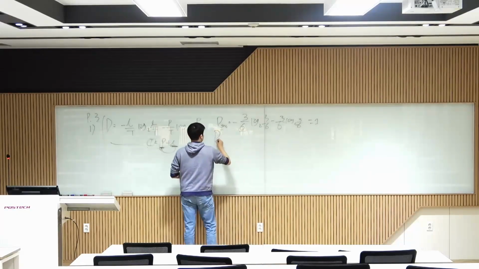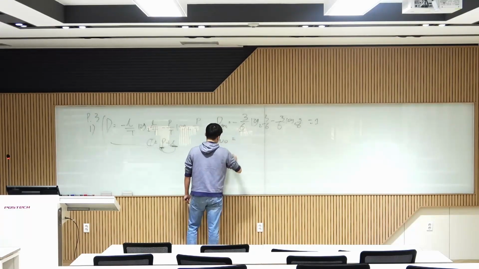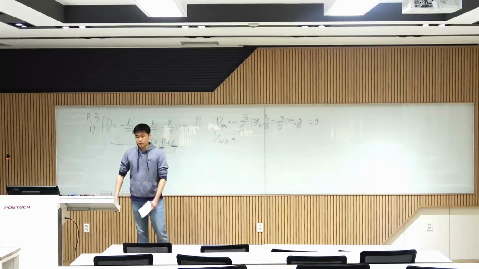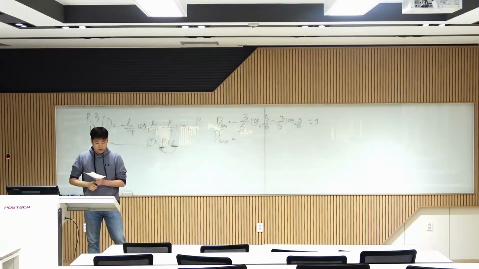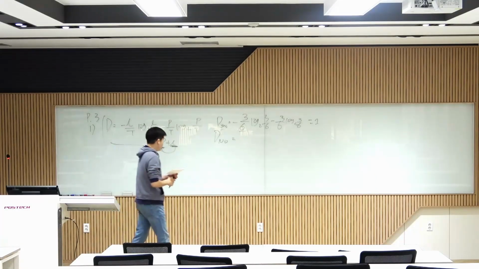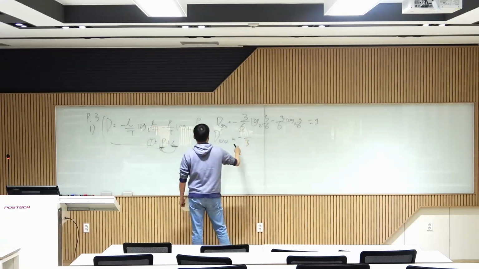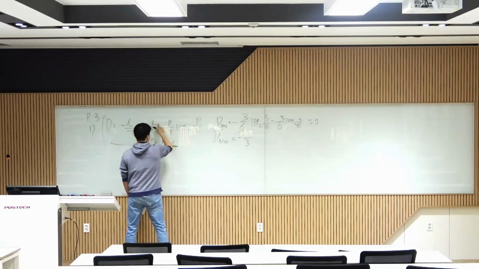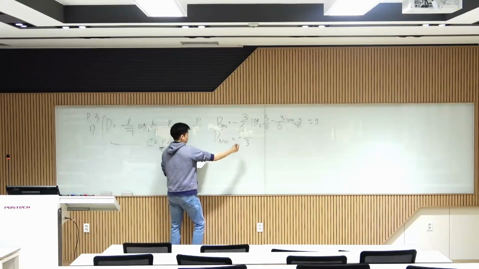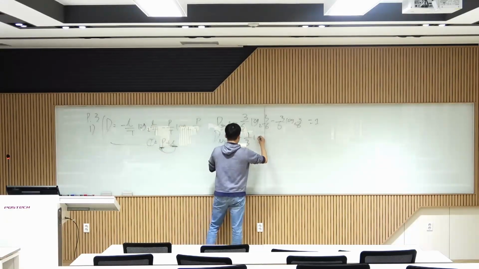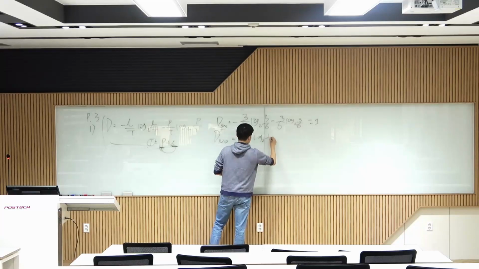And D for no. In the first attribute, there are only 3 no's, okay? Among 3 no's, there is only 1 location. So 1 over 3, log 2 of 1 over 3.